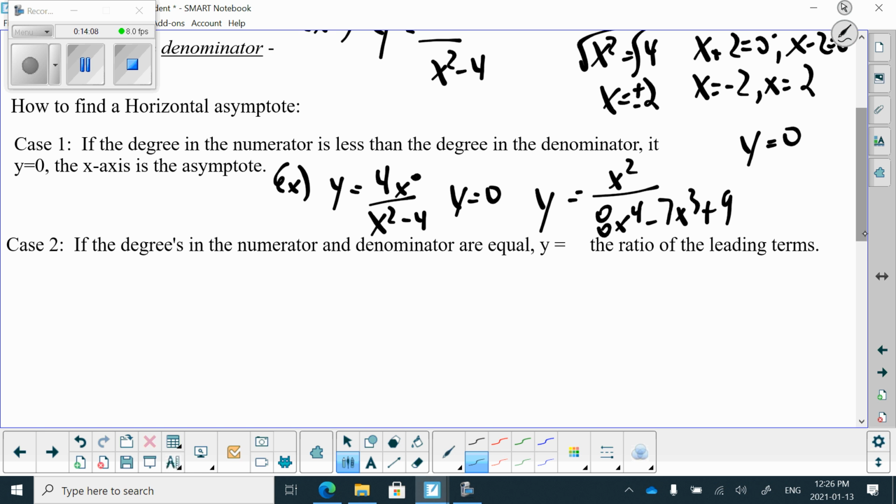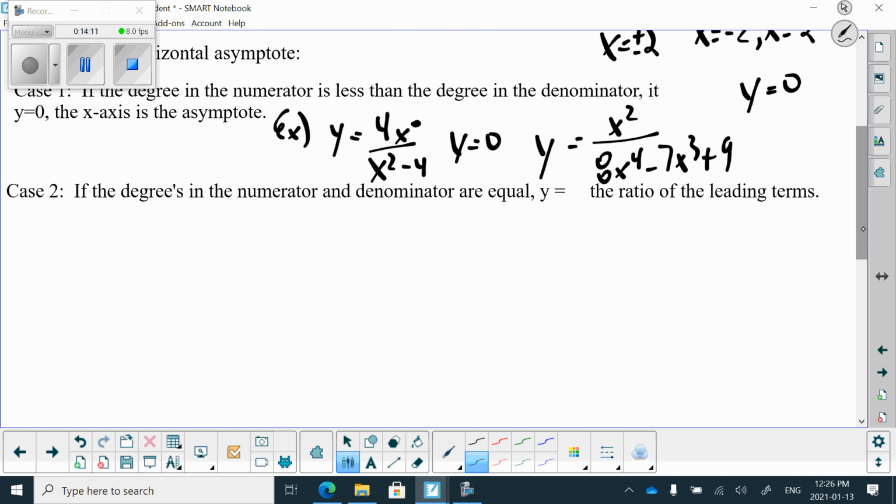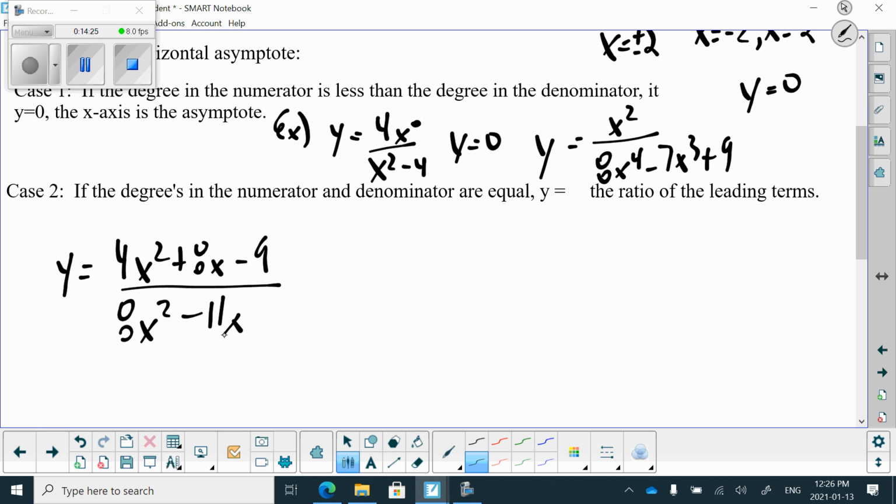The other thing is, if the degree in the numerator and denominator are the same, then y is going to equal whatever the ratio of the leading terms are. So, if I had something like y is equal to 4x squared plus 8x minus 9 over 8x squared, again, it doesn't matter anything after our leading terms because the leading terms are equal.